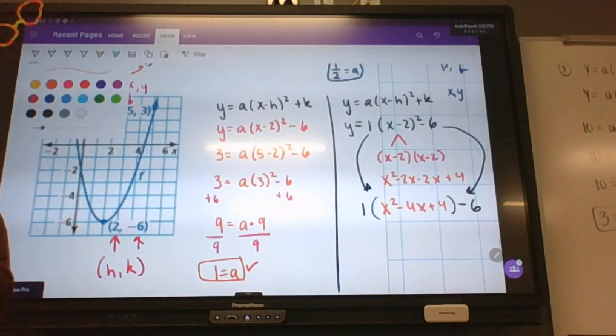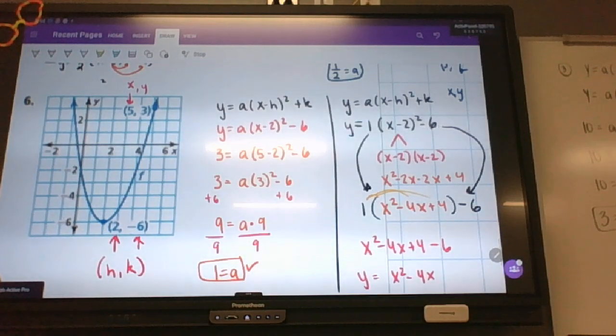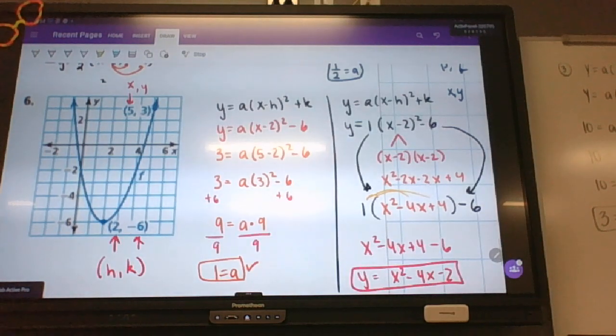So I would distribute the 1, which actually doesn't change anything this time because it's 1. And then combine the like terms at the end. And there we are. Alex, did you finish it? Okay.